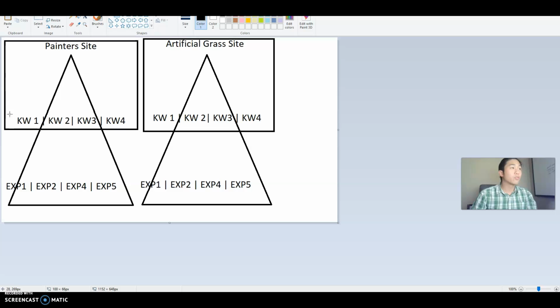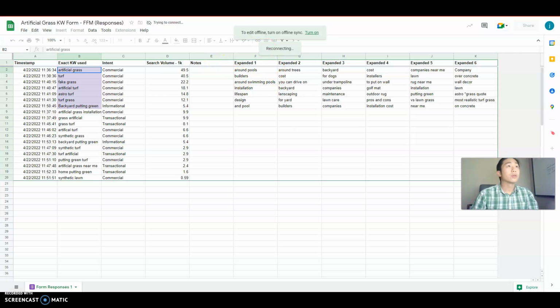Like, for example, the first keyword, artificial grass. So let's say it's the service page. Your artificial grass service page is going to be talking about artificial grass as your H1 tag. And then these are going to be your H2 tags. You get me? And then you'll write about that in detail.